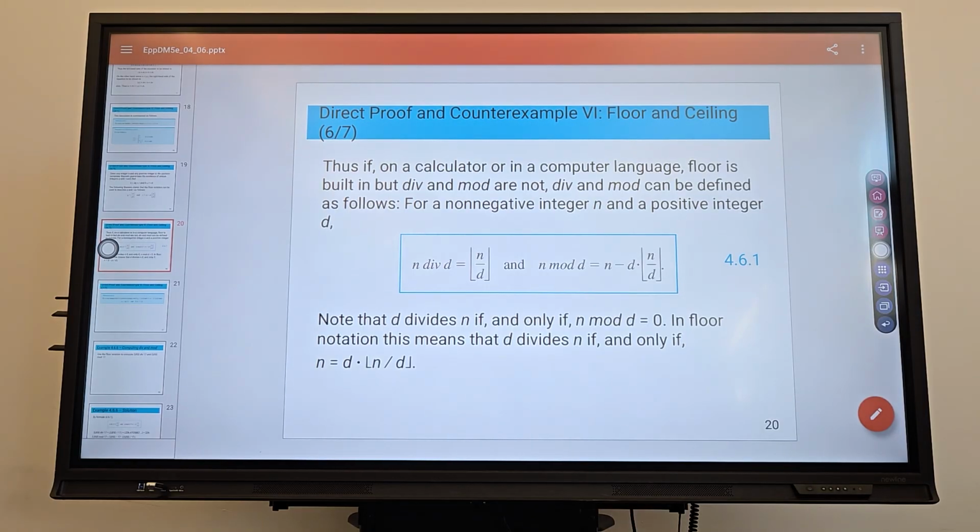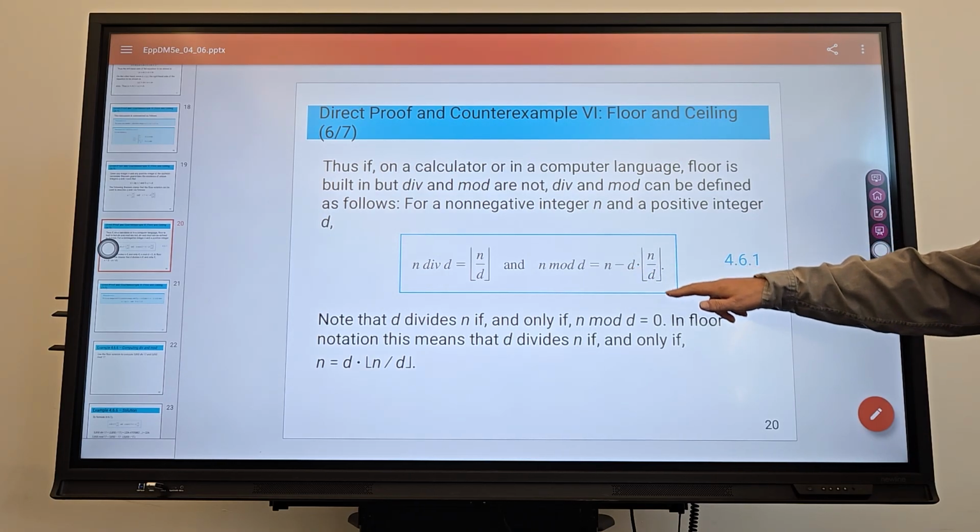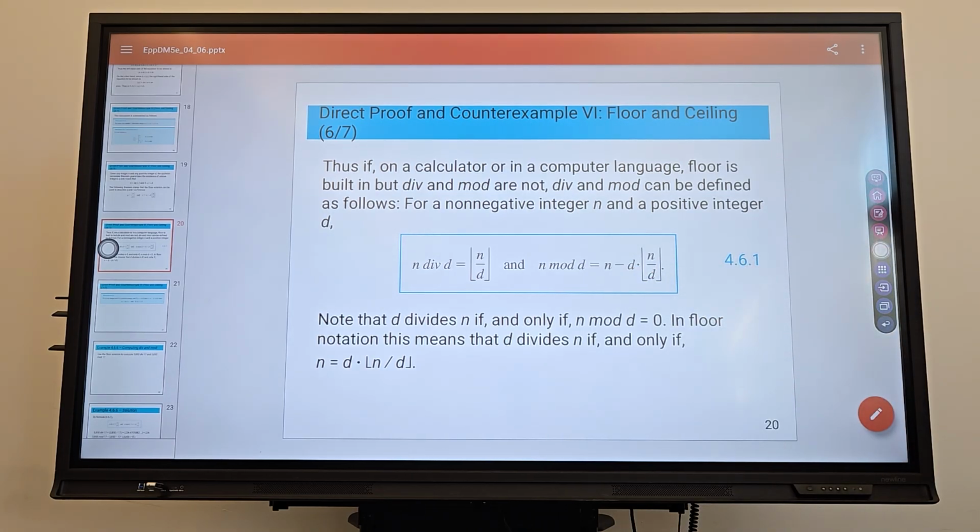Thus, if on a calculator or in a computer language floor is built in, but div and mod are not, div and mod can be defined as follows. For a non-negative integer n and a positive integer d, n div d equals the floor of n divided by d, and n mod d equals n minus d times the floor of n divided by d.